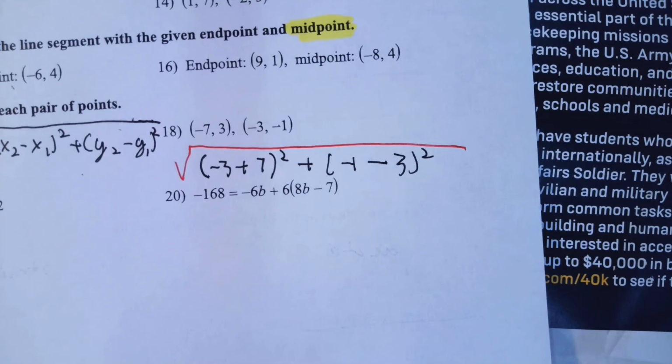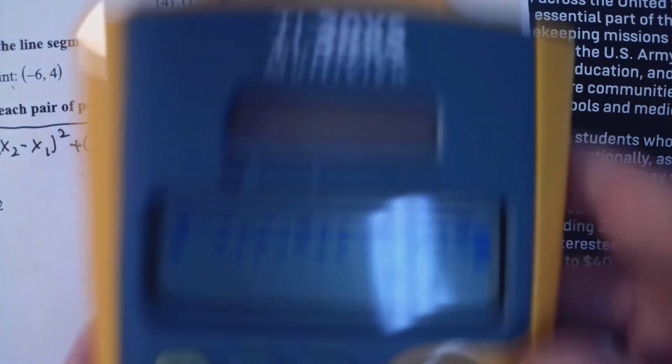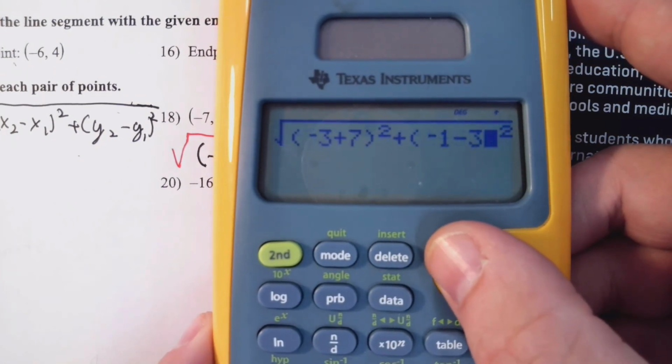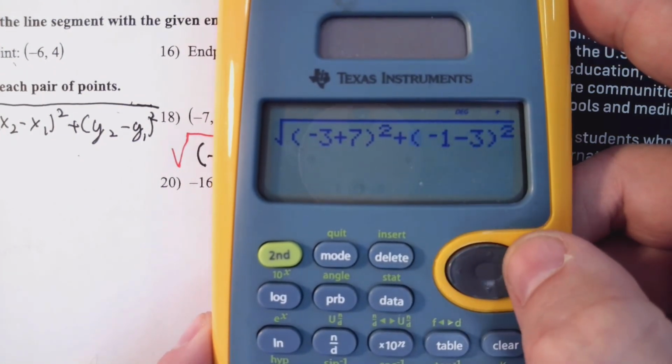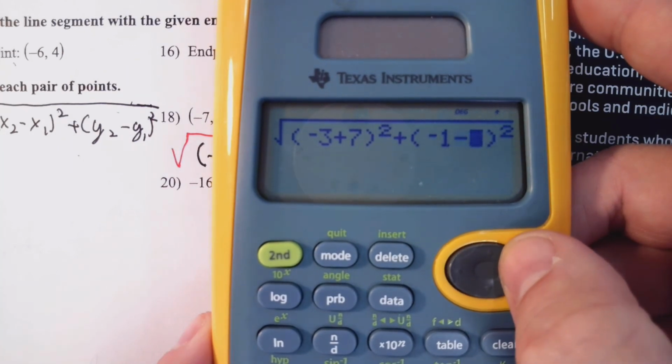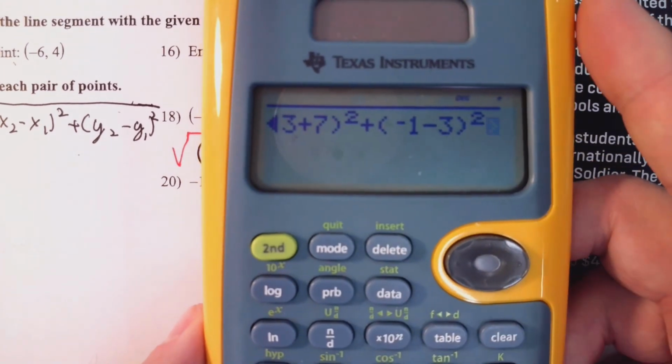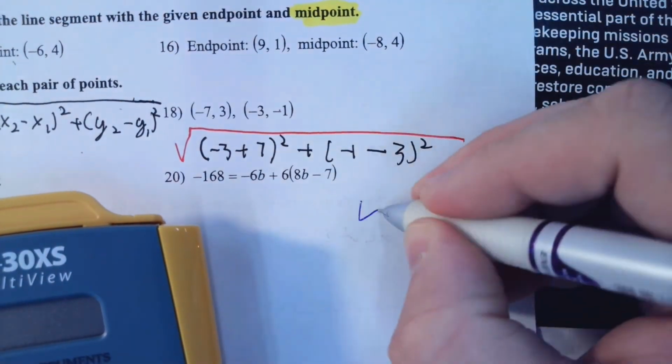See if I typed it in correctly, because if you don't, you won't get the right answer, obviously. Okay, let's see here. Did I do okay? Yeah. So it should be the right answer? Four radical 2.